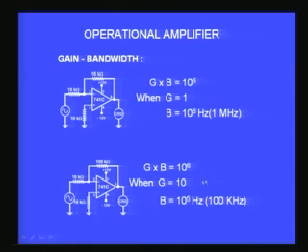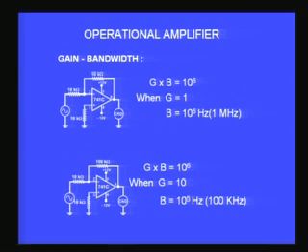So when the gain is 10, then the bandwidth becomes 10 power 5 hertz, that corresponds to 100 kilohertz. So you can see previously for the unity gain the bandwidth was 10 power 6. When I increase my gain by 1 order, the bandwidth decreases by the same 1 order, and it becomes, instead of 10 power 6, 10 power 5 hertz. Therefore this will clearly bring out, I suppose, that the gain bandwidth product is a constant.